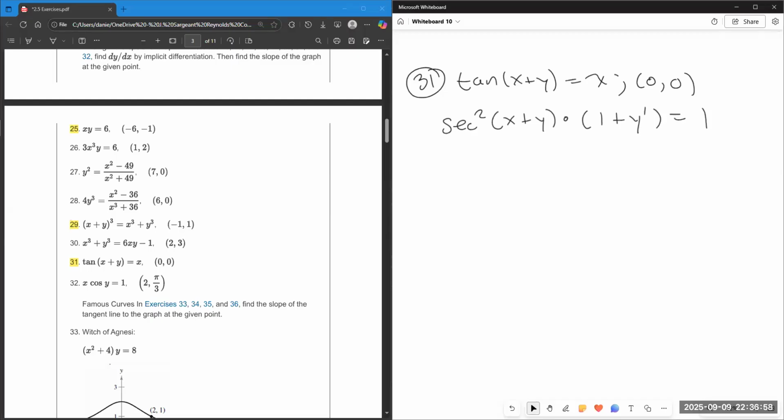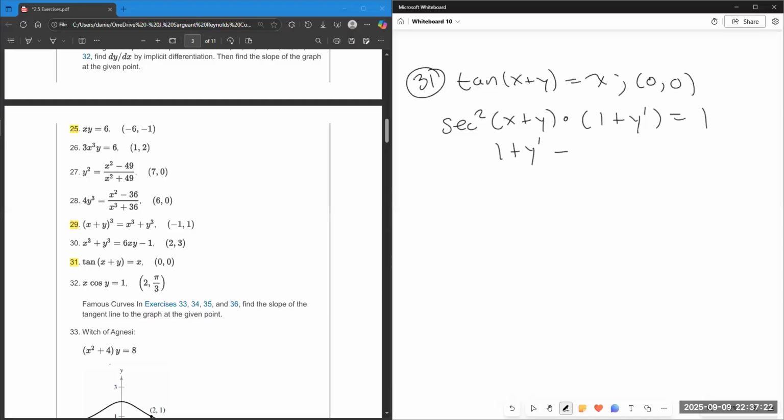Derivative of the right-hand side is 1. So we can go ahead and solve for y prime here by dividing both sides by secant squared of x plus y. 1 over secant squared of x plus y will be cosine squared of x plus y.